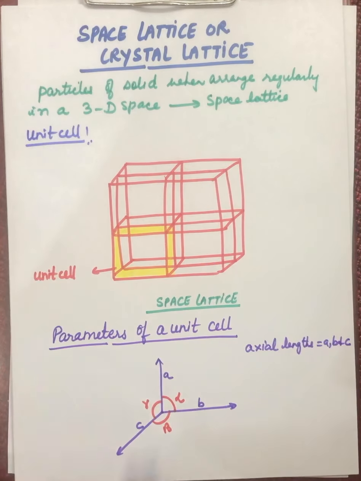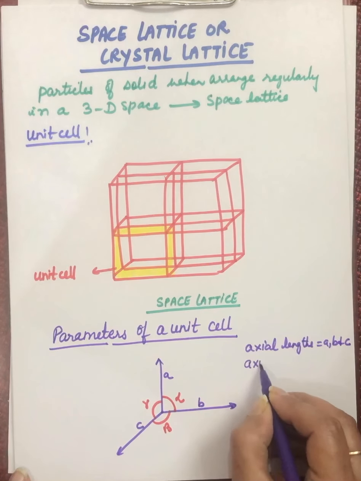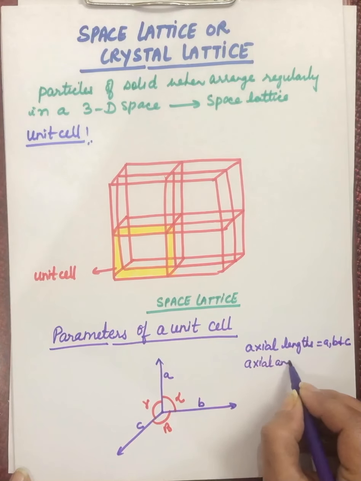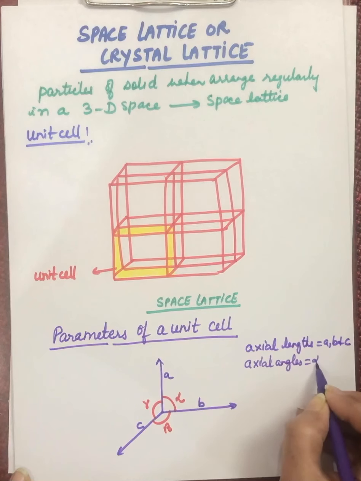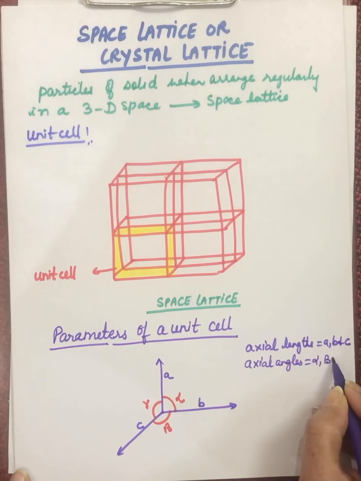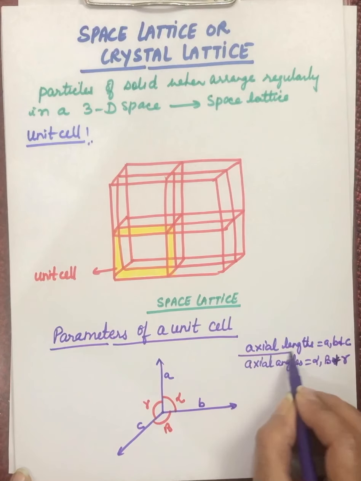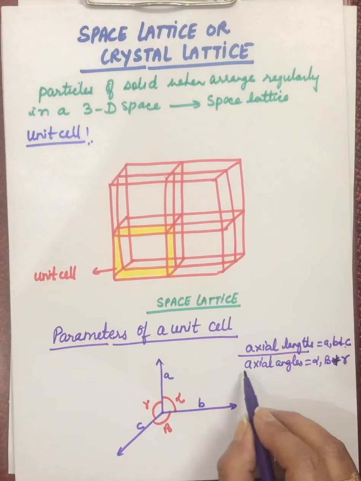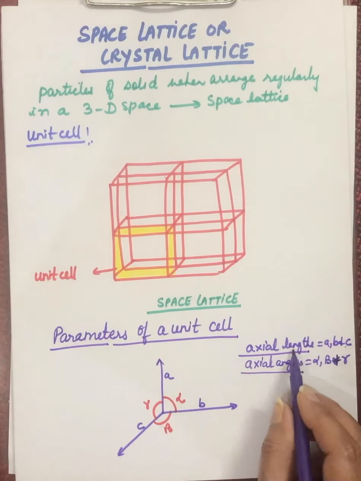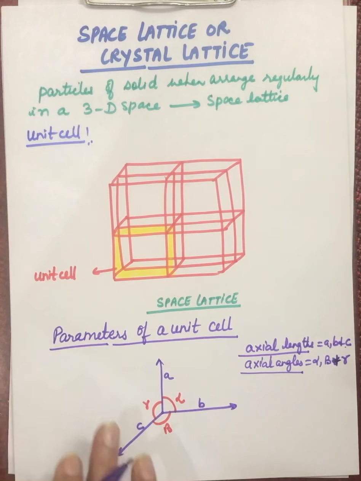And these are called axial angles, alpha, beta and gamma. So based on these axial lengths A, B and C and axial angles, these are actually the parameters of a unit cell.